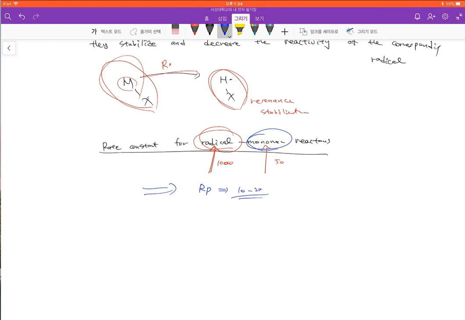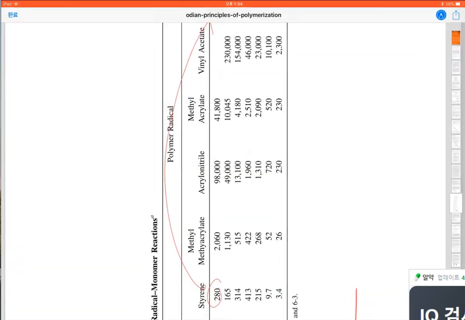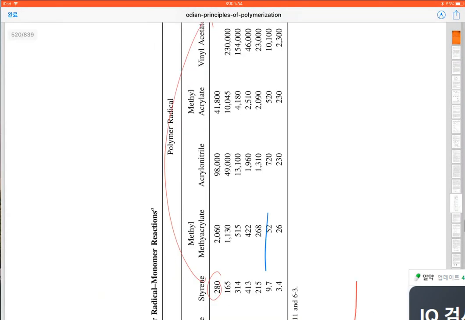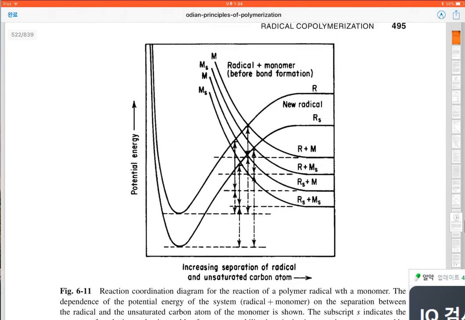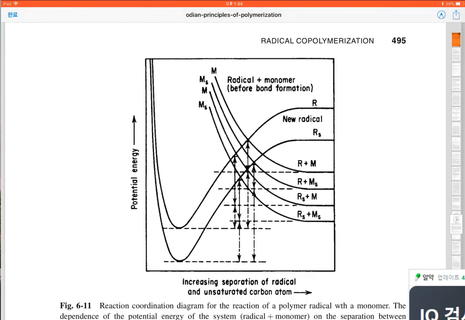Another thing to consider, basically the same thing. We can more quantitatively understand the effect of resonance stabilization in terms of the interaction between radical reactivity and monomer reactivity. That can be done by looking at the reaction energy diagram as a function of reaction coordinate, which is also given in the figure.